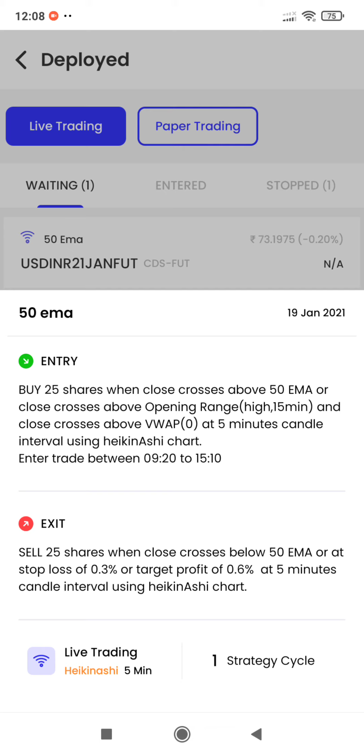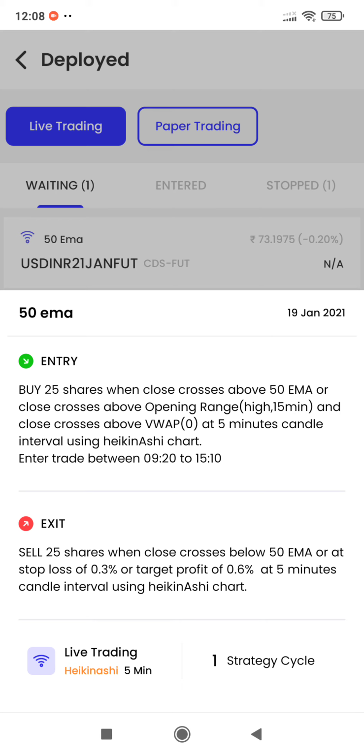Any one of these two conditions also combines or meets with a VWAP line. That means if the USD INR closes above VWAP or crosses above VWAP on 5-minute candle frame using Heikin-Ashi candle type chart, I will initiate a buy trade.